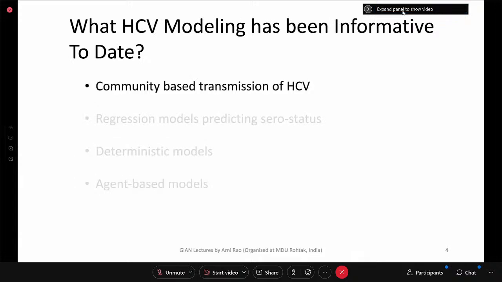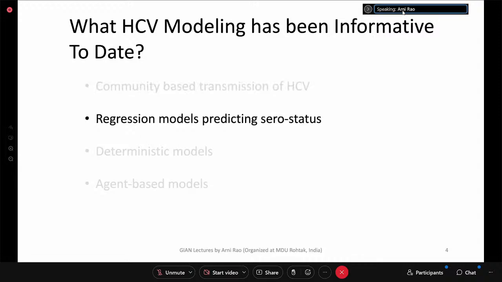So far, several modeling efforts have been made worldwide to understand hepatitis C. Some of them are related to community-based transmission of HCV within small pockets of countries or districts, such as in India or other countries, at the community level. Some try to build regression-type models.